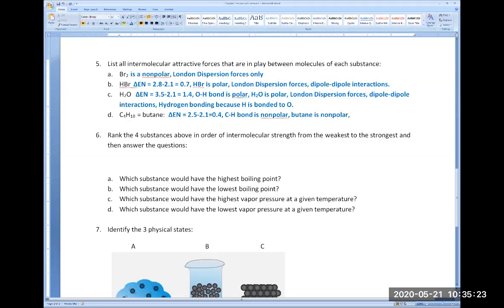So, it's CH3 bonded to CH2, how many times? Yeah, so 2 times. CH2 and then CH3. You really want to see it like this.